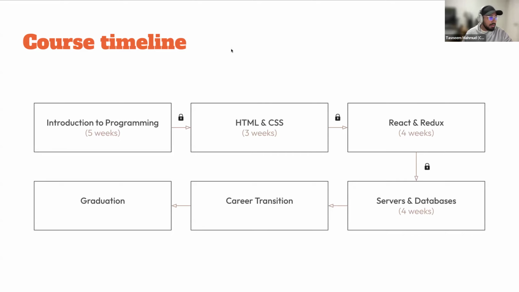Okay. Yes, please. You have a question? Yes. So all these modules are connected to each other, or are they different? Like when we move to HTML, CSS, will it be different from the first one, or does it have some similarities with the previous program? Like, in Introduction to Programming, we will be learning JavaScript.